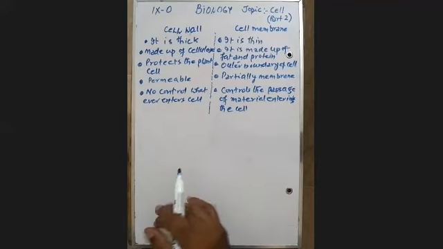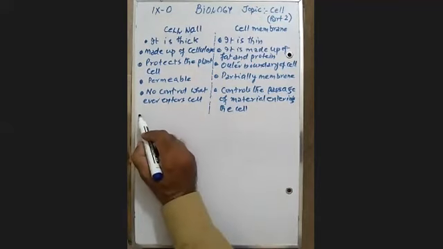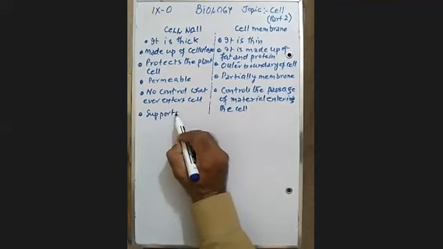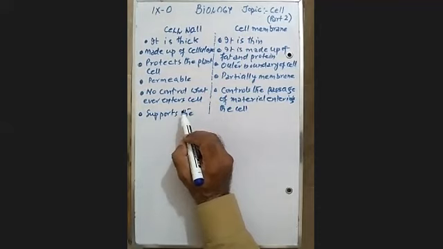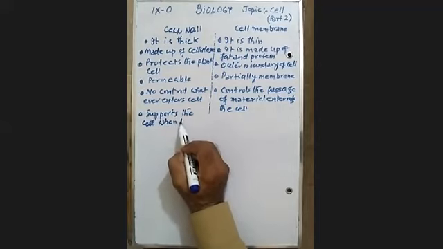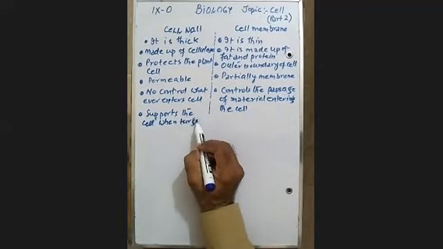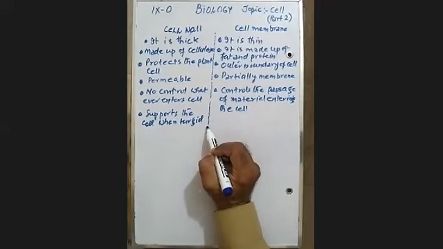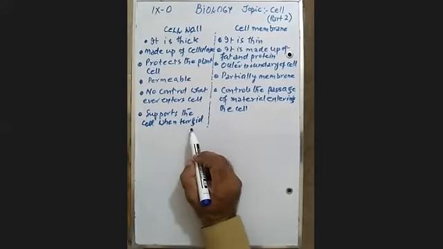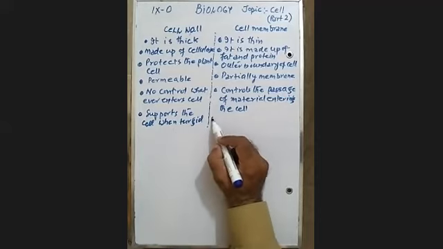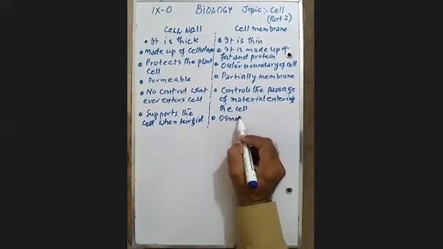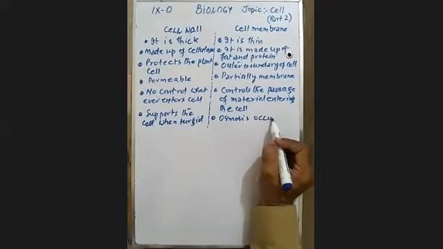The cell wall gives support to the cell. Next point: it supports the cell when turgid. When the cell becomes turgid, the cell wall supports it.